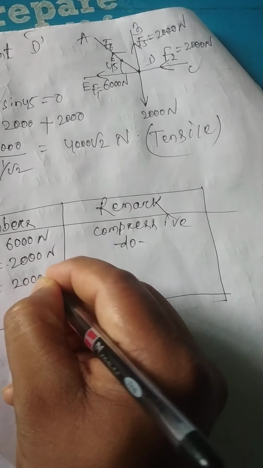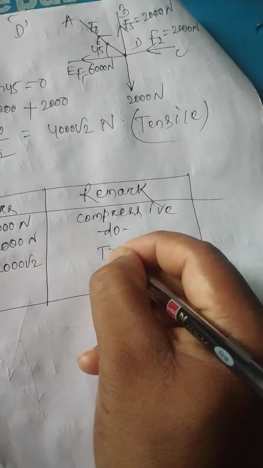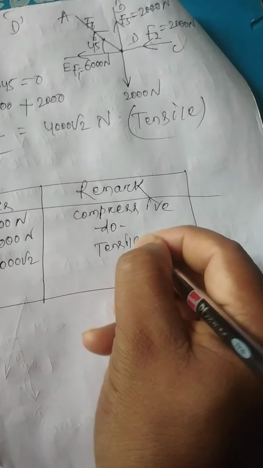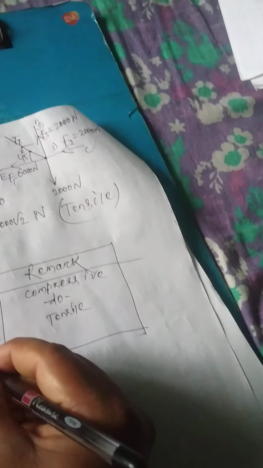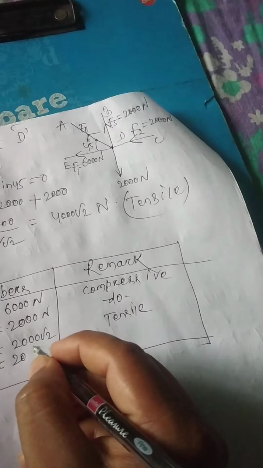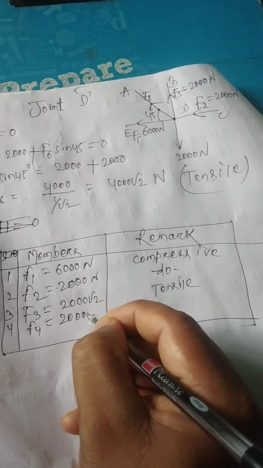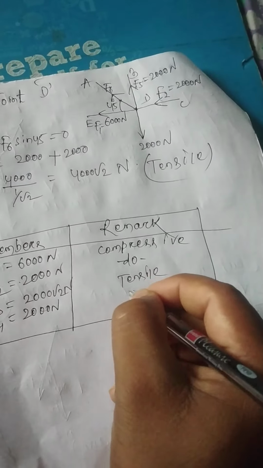So we can write 2000 root 2, so it is tensile. Then 4, we can write F4. What is the value of F4? We got F4 is 2000 Newton, so tensile.